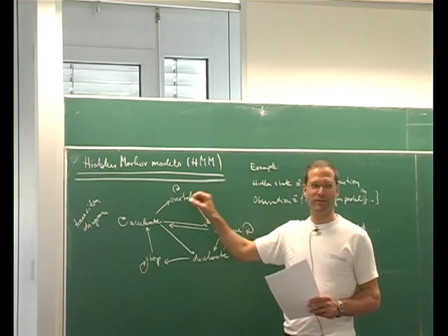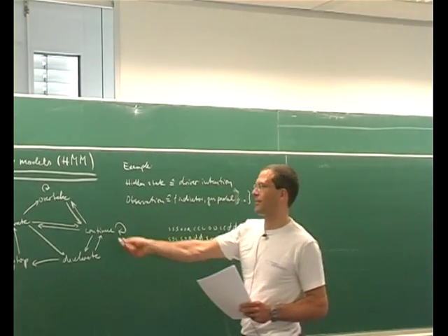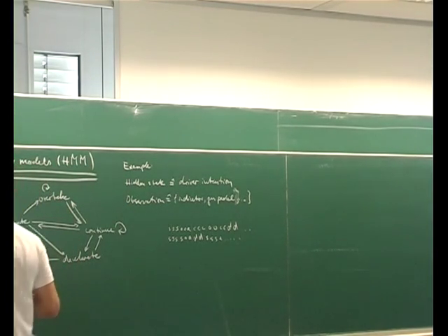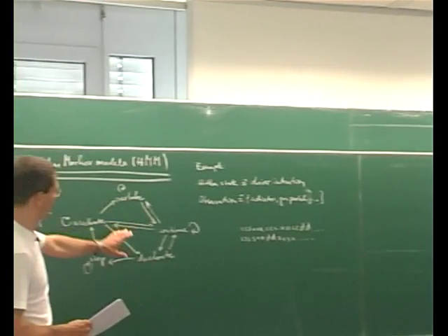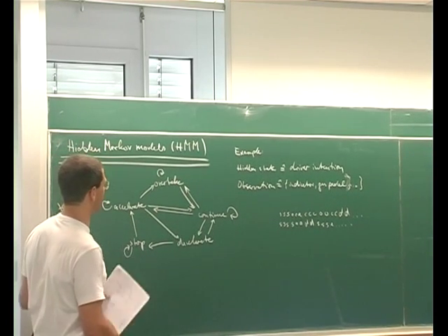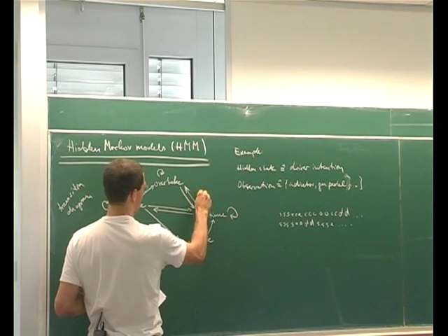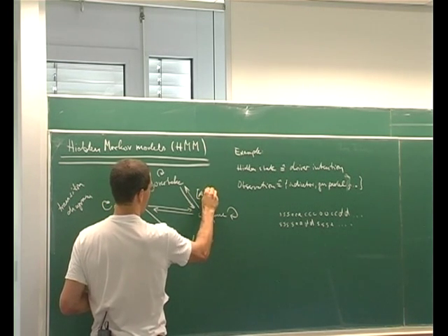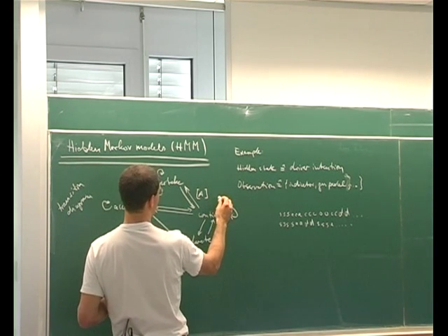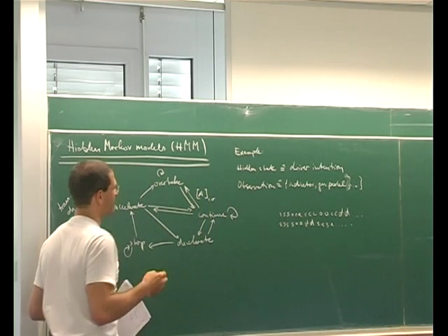You have some finite state automaton, and you can move from any of these states to the next, where these transitions are governed by some transition probabilities, which we will later denote by some matrix A. So for instance, this would be the transition probability from continuing to overtaking.